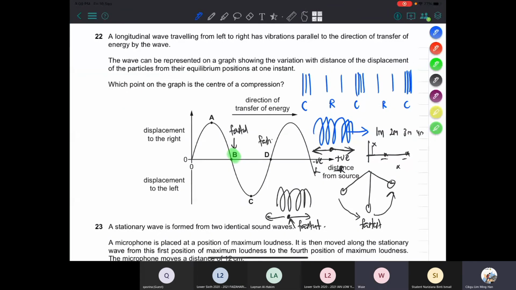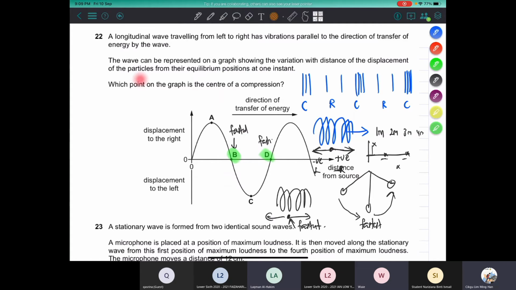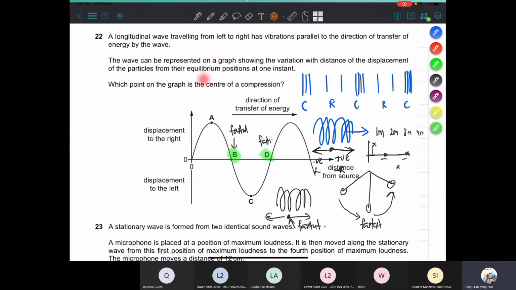But why B? Why do you think it is C? Explain why. Which point is the center of the compression?